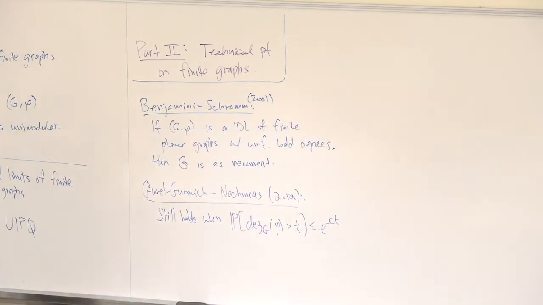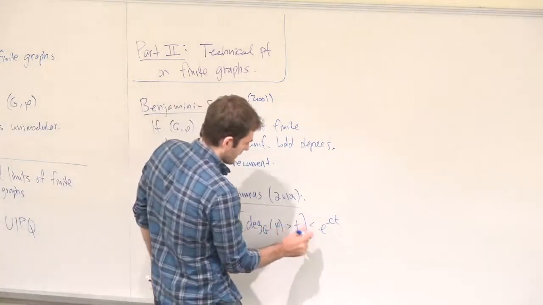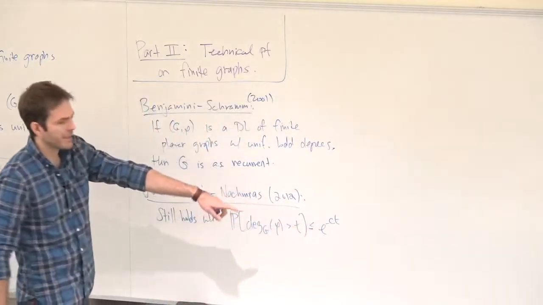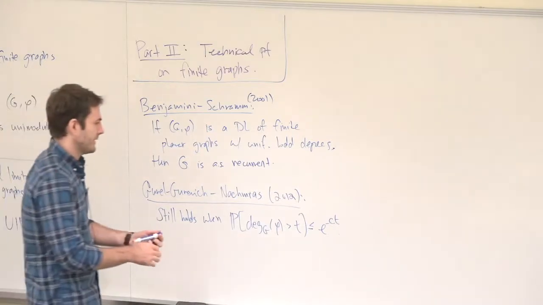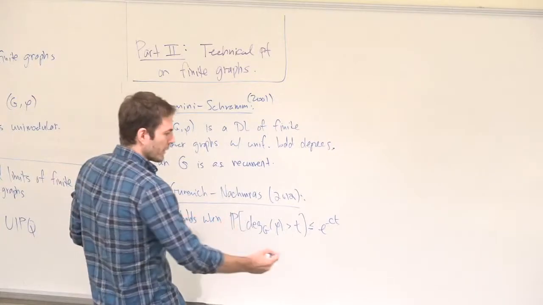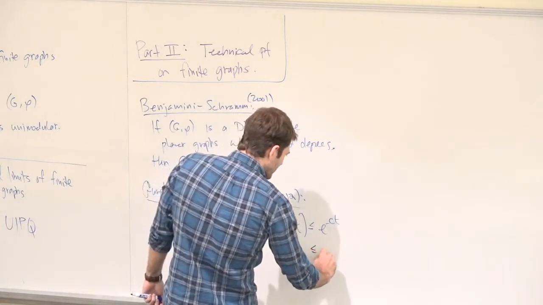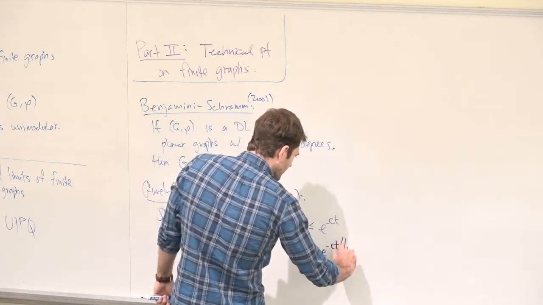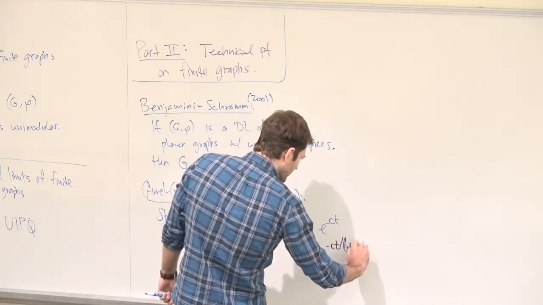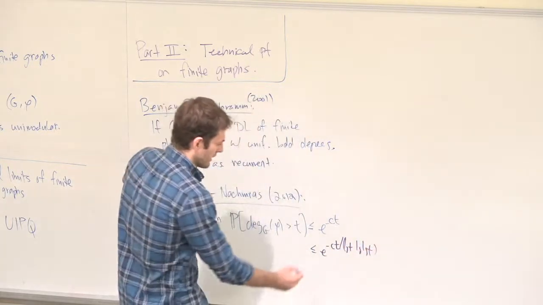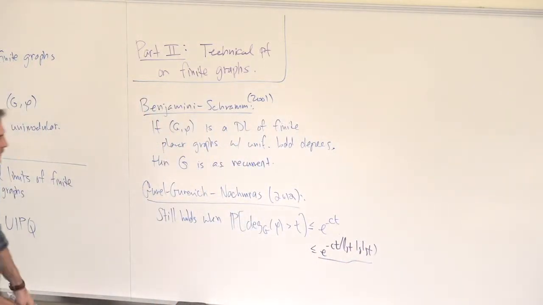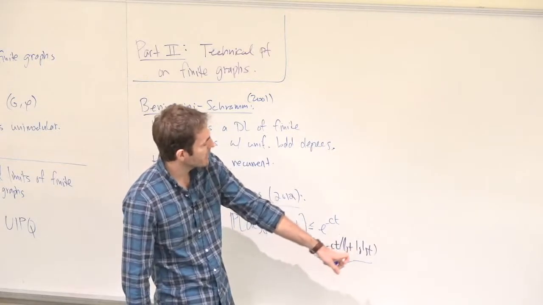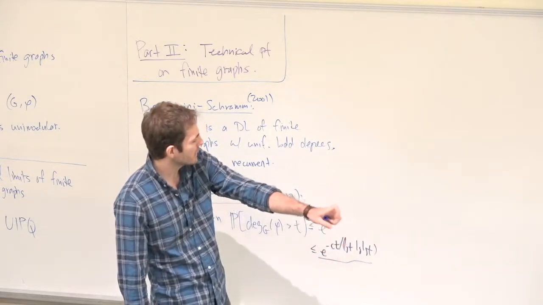This is surprisingly delicate, in the sense that this is almost the best kind of thing you can put here. One consequence of what I'll say today is that you could improve this slightly. You could put something like log t, and such tails still suffice to get almost sure recurrence.